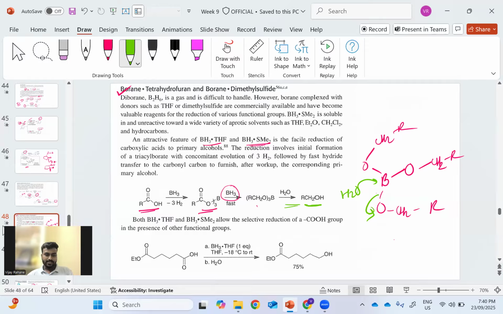So you can see here an example. It selectively reduces the acids without affecting the ester group. This is one of the examples as you can see here.